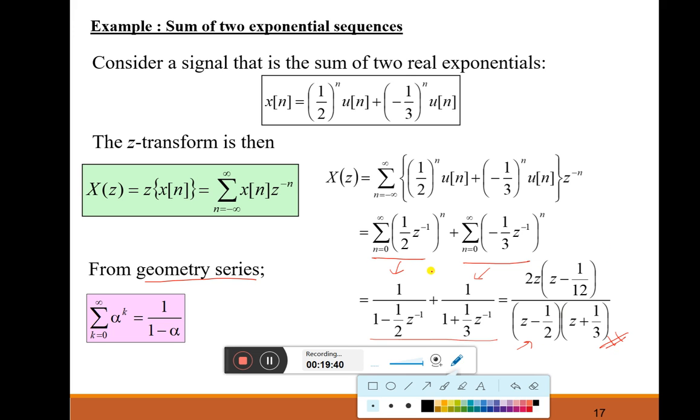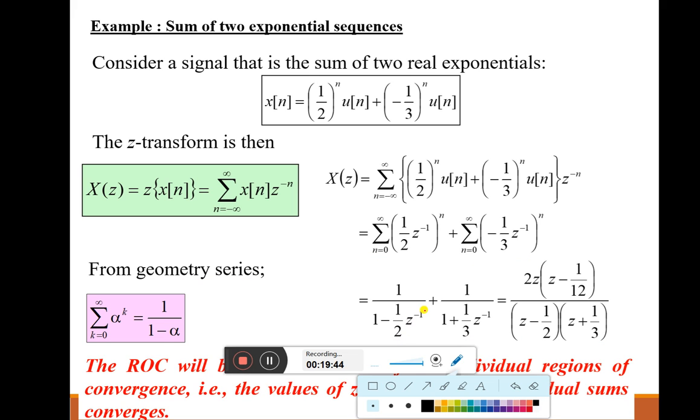Okay, so untuk ROC kita tengok yang bahagian pertama ni dulu. Okay, the ROC will be the intersection of individual regions of convergence, iaitu the values of the Z for which both individual sum converge. So means that kita tengok satu-satu persamaan. So kita tahu tadi ROC is daripada poles.